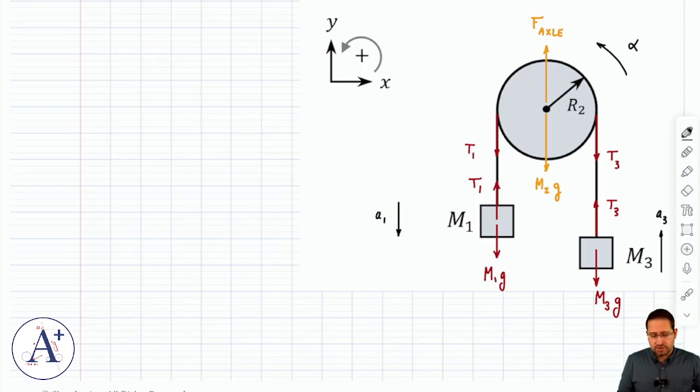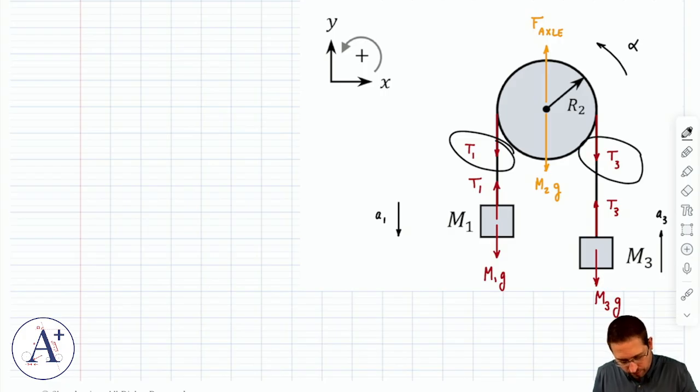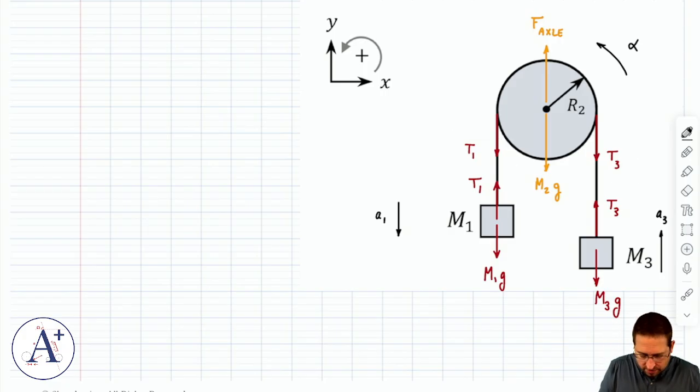But most of the time, you will see that we only draw these two. And that's because these forces here don't matter when it comes to the rotation. The force from the axle and the weight M2G go through the center of mass of my pulley. And that's going to be my pivot, so they're not going to create a torque about that pivot. So sometimes we just don't draw them. It's just like, yeah, it doesn't matter.